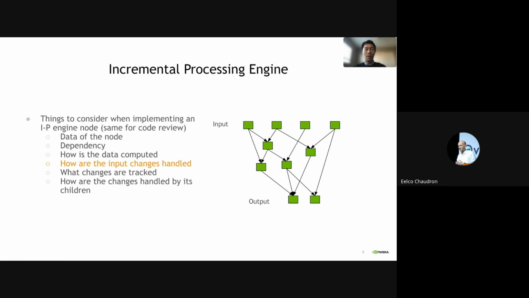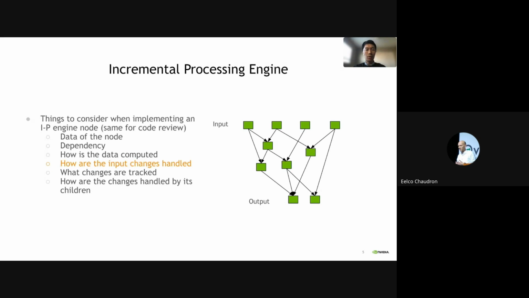The first thing is the data of the node, which is pretty similar to the materialized view in the previous example. And then the dependency: what are the inputs of this node, and what are the nodes that depend on this node? And then how is the data computed, which corresponds to the join operator of the previous database example.